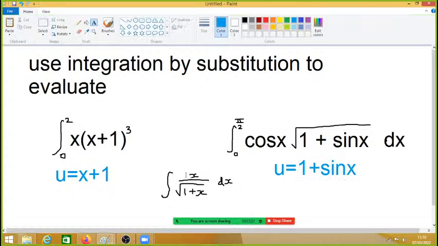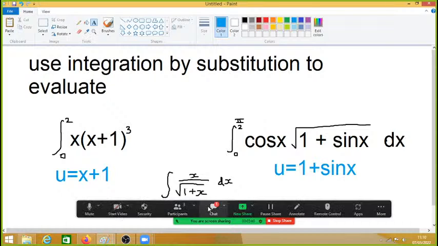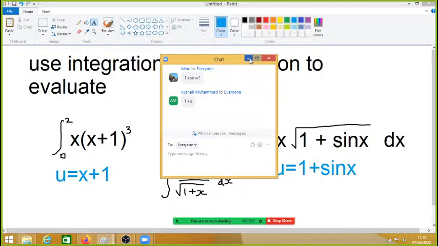And then the final question here, what would we use as our substitution in this one? Have a think. Once you see a couple of them, you'll see they're all pretty much the same. It's not too hard to figure out which bit is the substitution. Very good.